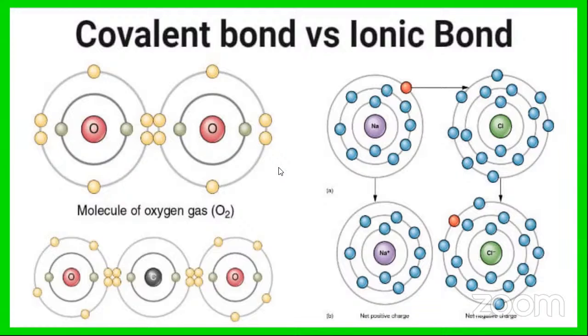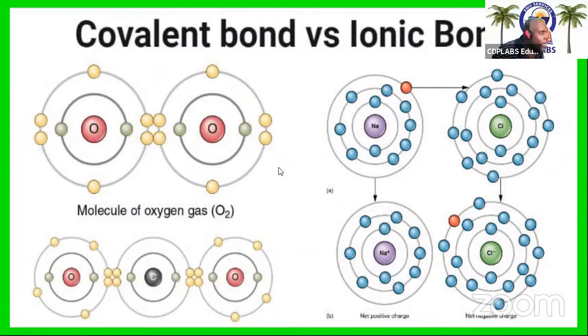One, the covalent bond is connected with the electrons right here, while the ionic bond is transferring electrons. Connecting. So if they're connecting, give me one word I can use that is similar to connecting.